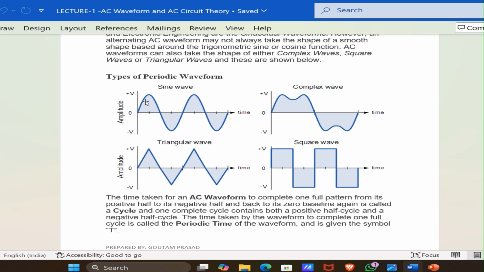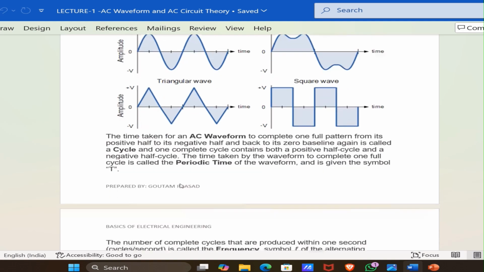So here you can see it is a positive half cycle, followed by a negative half cycle. These two are called one complete cycle. So one complete cycle consists of one positive half cycle and one negative half cycle. That's it in the case of all the types of waves.